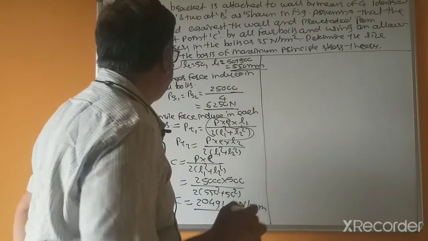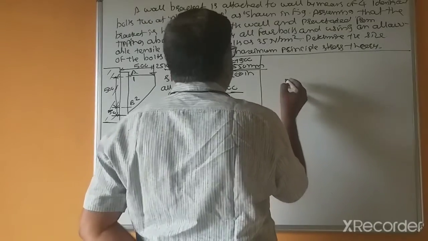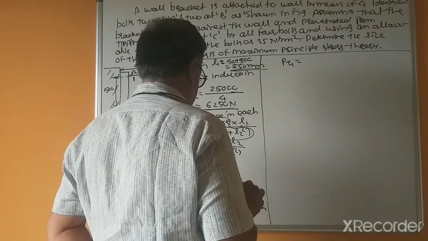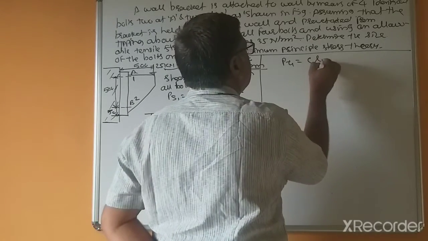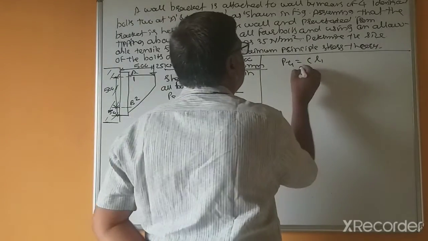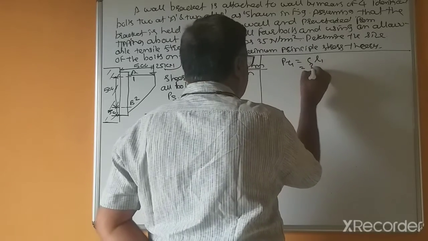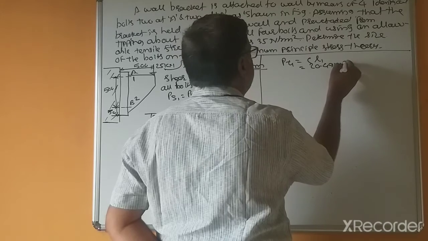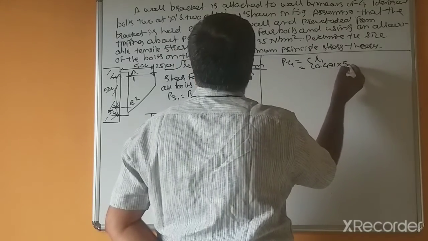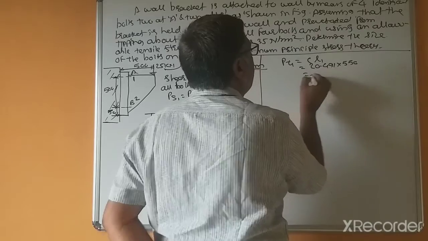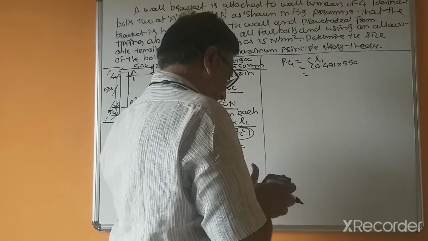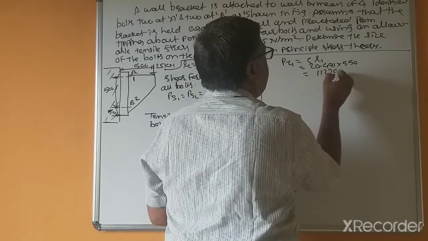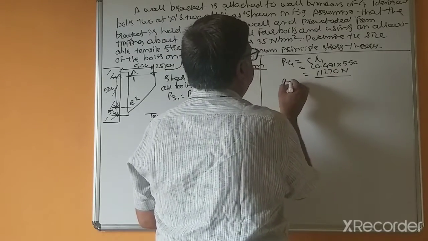So that's why PT1 equal to C into L1. This is 20.491 multiplied by length L1 equal to 550, which is 11,270 Newton.